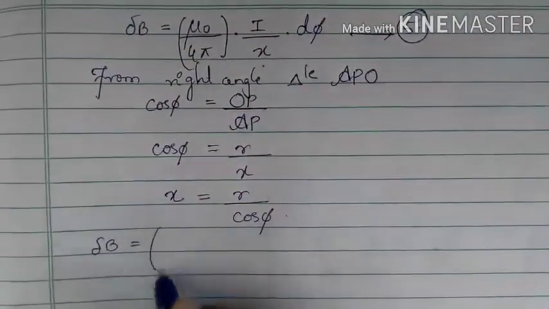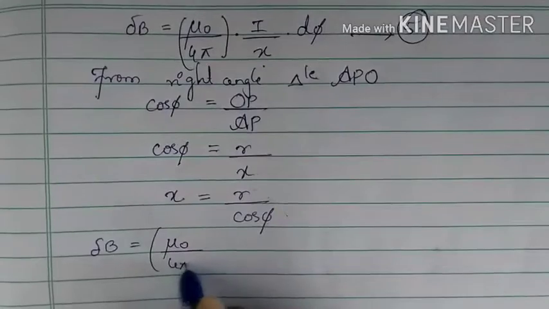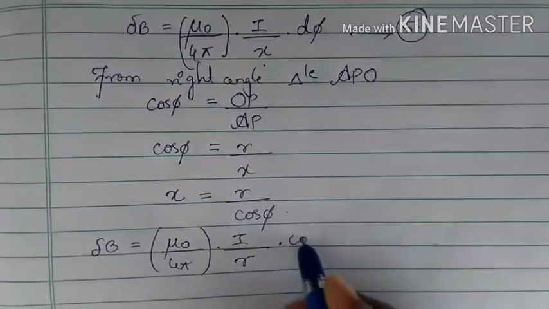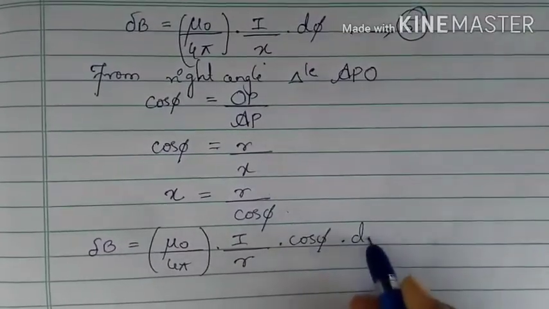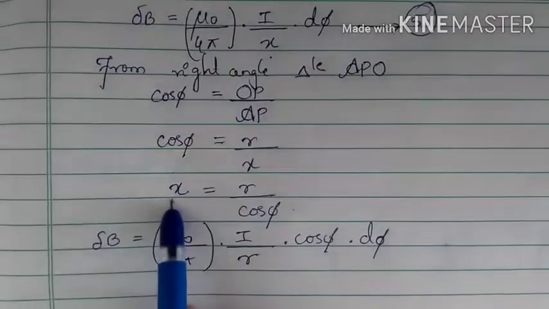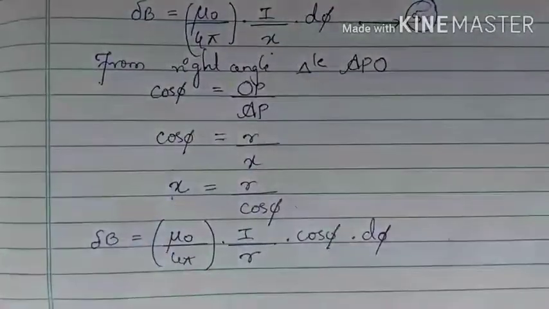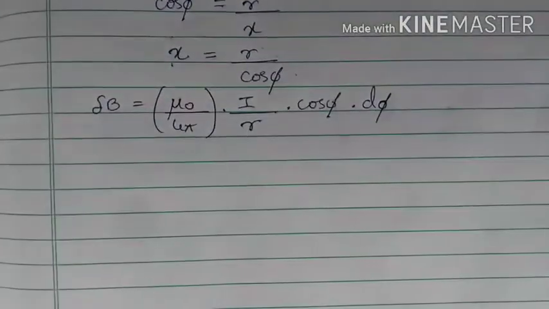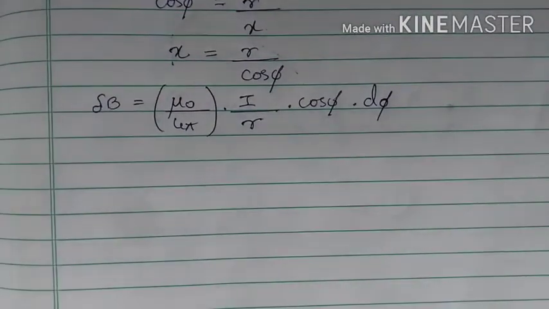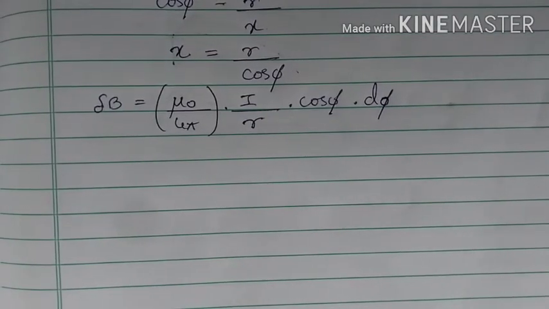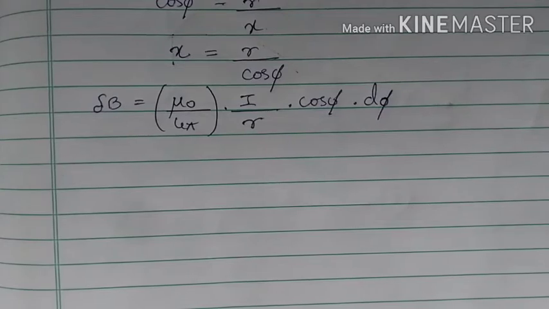Delta B is equal to mu naught by 4 pi I divided by r multiplied by cos phi d phi. So this is the delta B.